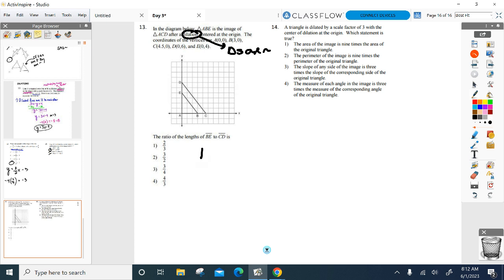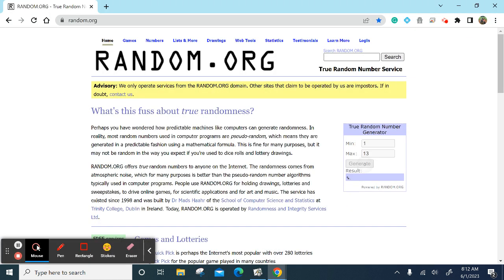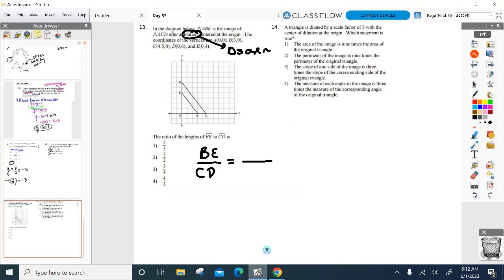So if we're going to find BE to CD, that's going to be in the same ratio as another pair of corresponding sides. BE over CD will be in the same ratio as whole sides from the triangles.